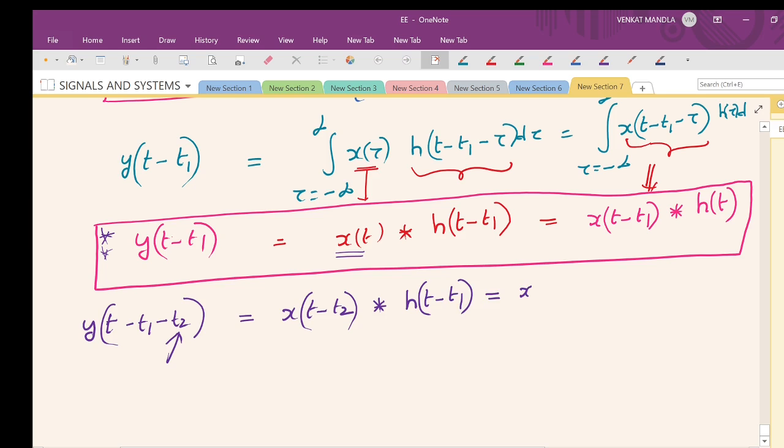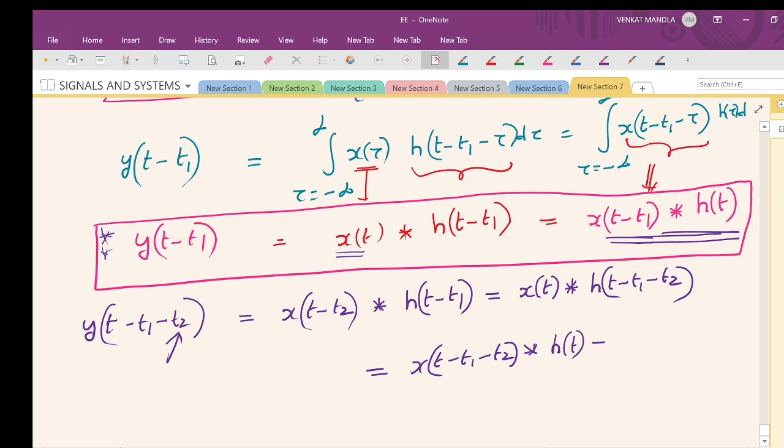Or I will put x(t) as it is and delay in h, that is h(t − t1 − t2). Or I will put x(t − t1) as it is and delay t2 in h. So I just deduced this equation from the above equation.